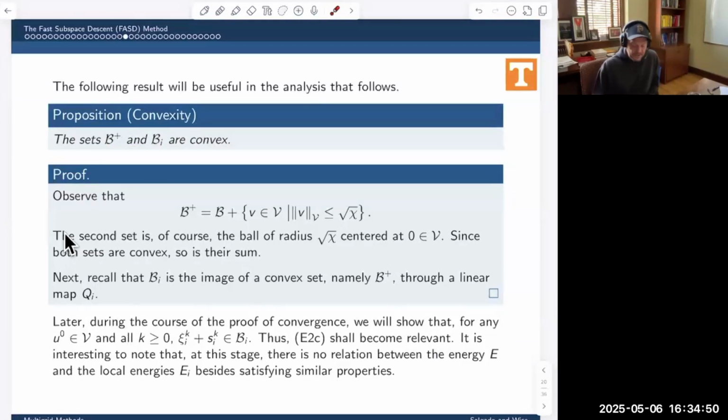The proof of this is fairly simple, so I'm going to skip that. Okay, so the main result is B plus and B_i, which is the projection through Q_i of B plus, are both convex sets. The proof is pretty easy to do, and I'll leave it to you to look at those details.